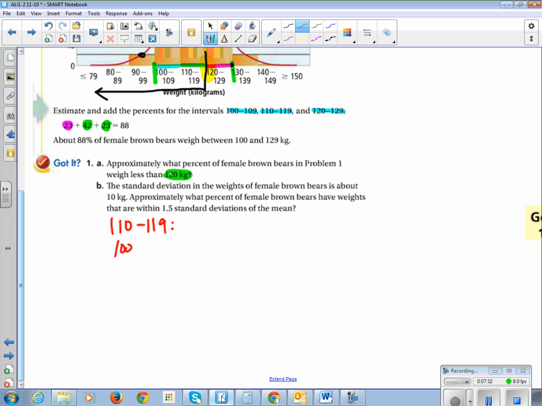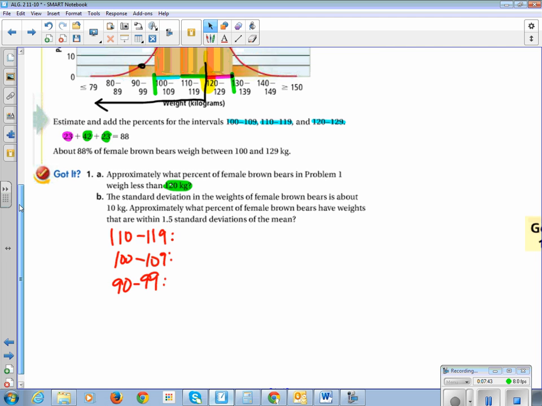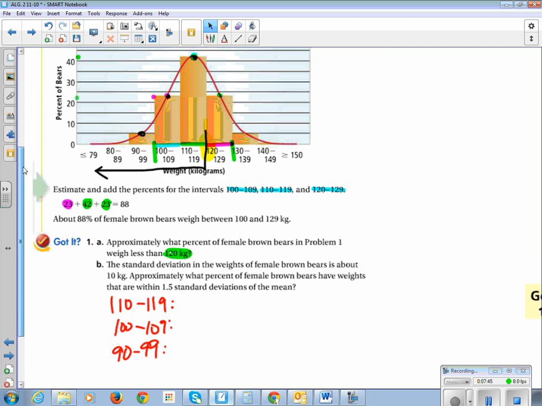100 to 109, and from 90 to 99. All right, so we already know that from 110 to 119 we have about 42%. From 100 to 109 we have 23%.